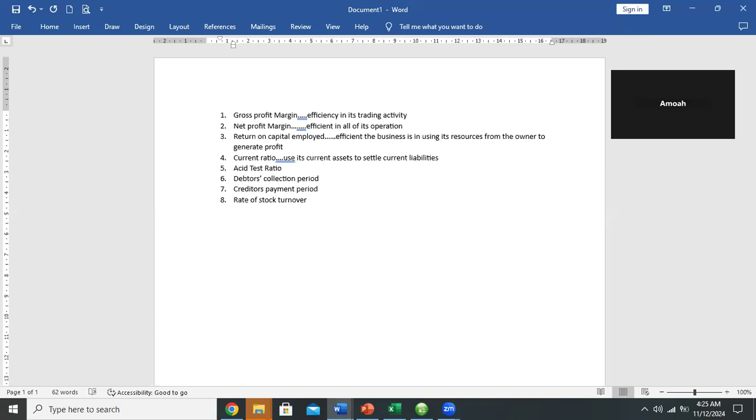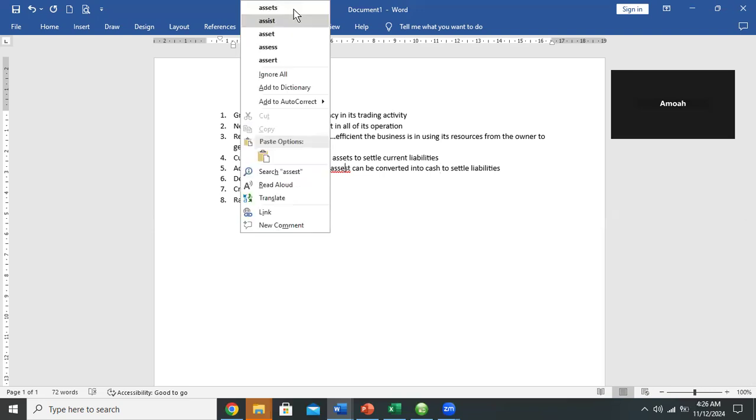Then the asset test is focusing on how liquid assets are, or how quickly assets can be converted into cash to settle liabilities. Okay, so I'm sure some of these summaries give you a better picture. Okay.